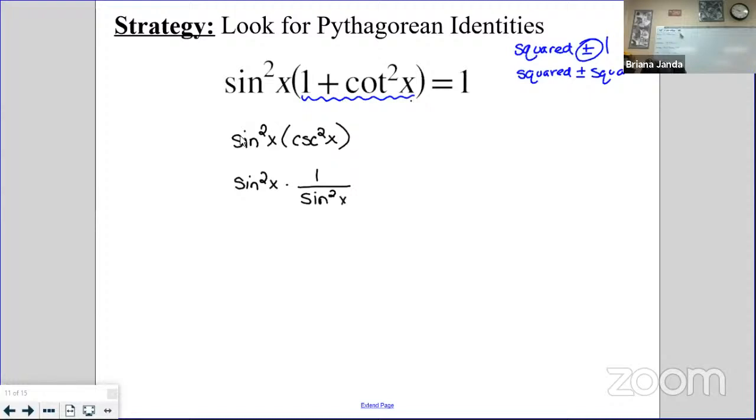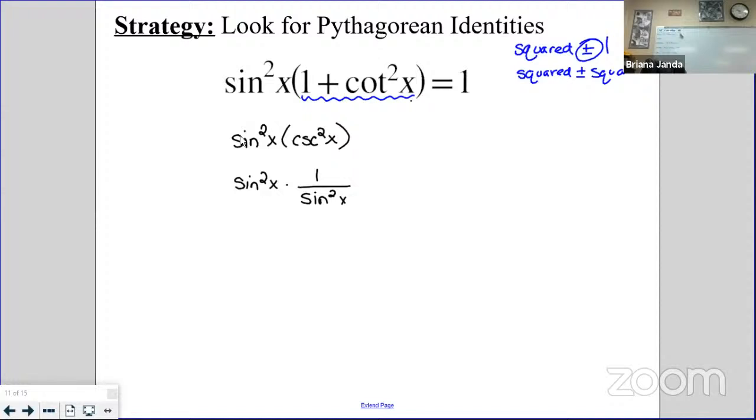One of the common mistakes, and this is a great point for us to talk about, is sometimes people try to switch too much stuff and do every identity, but I would never move away from a sine to make this like 1 over cosecant, unless I see that it's going to be helpful. I would slow play ever changing a sine or a cosine to anything else. Okay, go towards sines and cosines, not away usually.